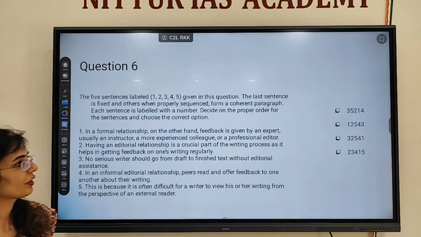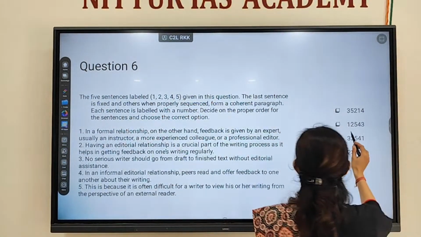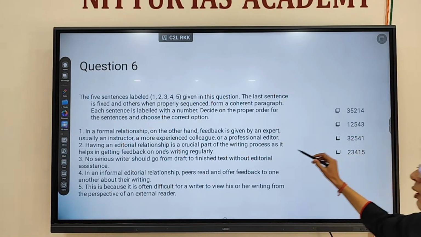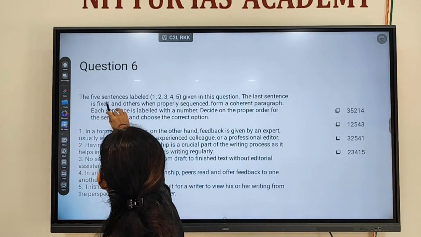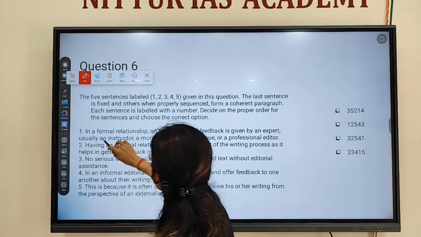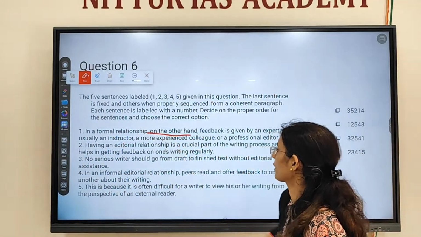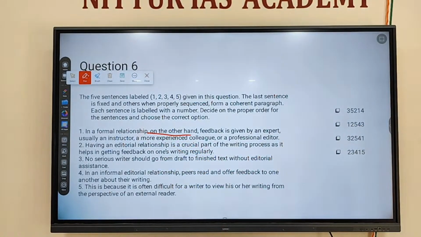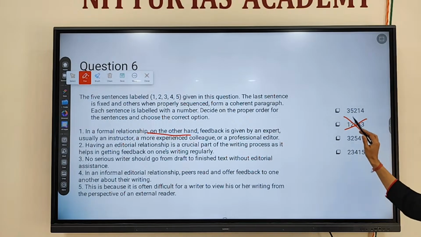Okay. So 1 cannot be an introductory statement, right? Okay, let me eliminate. It is because of 'on the other hand', and again, it is in continuation to something. So 1 is not an introductory statement. We have option 2 or 3 being the introductory statements, right? Okay. So let us continue thinking.